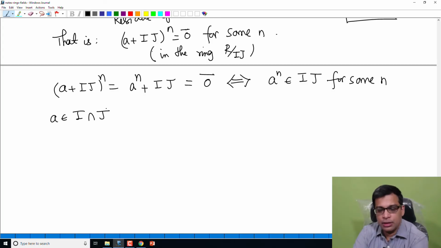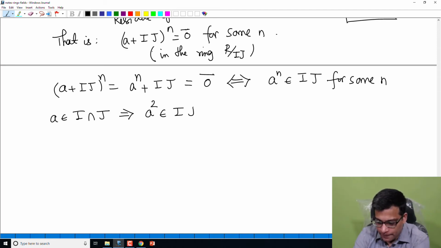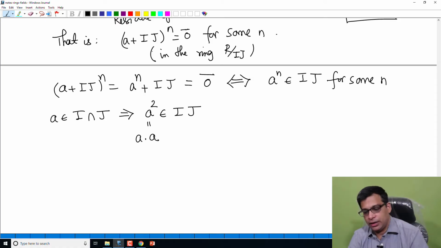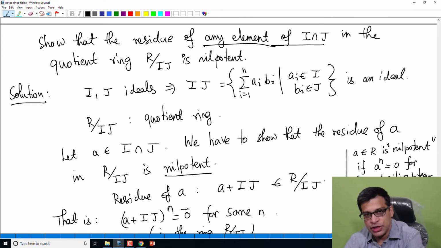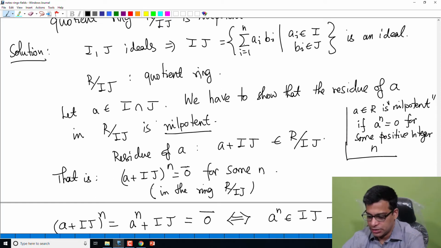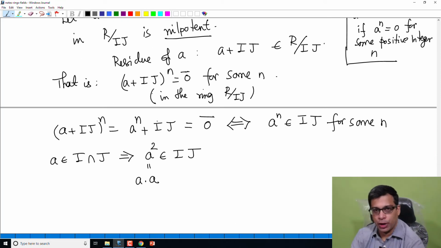It is in I intersection J. That means it's in I as well as in J. Then A squared is in IJ, because A squared is A times A, A is in I, and A is in J. If you recall, the product of two ideals is sums of products, one from the ideal I, the other from the ideal J. Here I am just taking a single product, A times A. So A times A is in IJ.